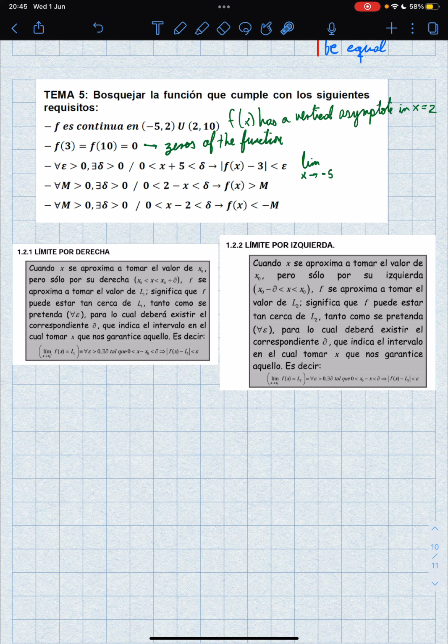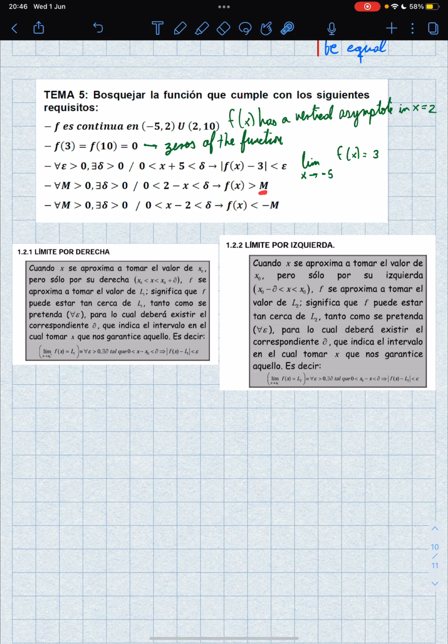What we did was to make a subtraction of the result of the limit. So now we know that the result of the limit is 3, so we write: limit when x goes to -5 of f of x equals 3. Remember, we also change sign here because it's going to the other side, right? Perfect.